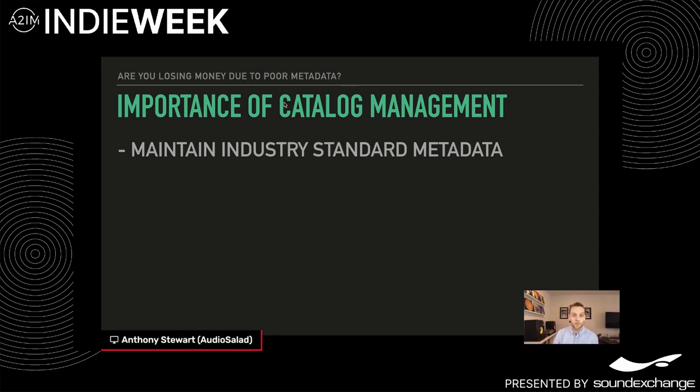You wouldn't want to be put in a position where you have a legacy catalog, maybe uploaded in your distribution platform 10, 15 years ago, that hasn't been touched since then. That can affect your ability to deliver content to new DSPs or transfer to another distribution platform. You want to ensure that you're regularly checking your metadata and maintaining these standards so that you can act fast and transfer your metadata quickly when you need to.